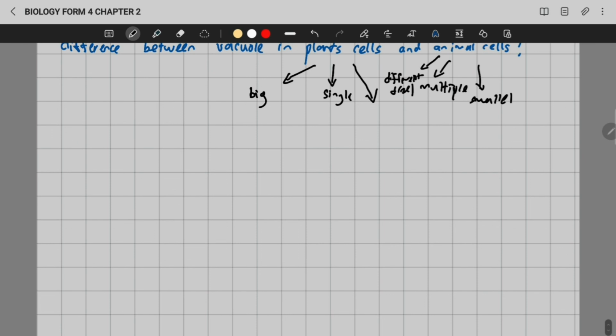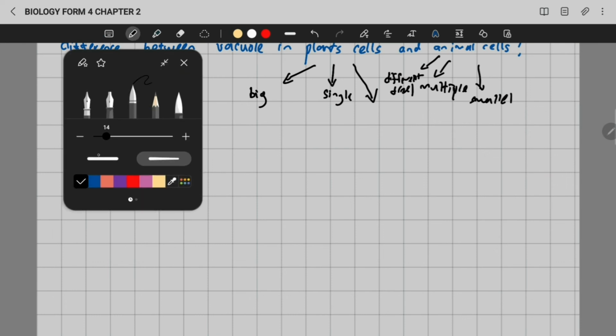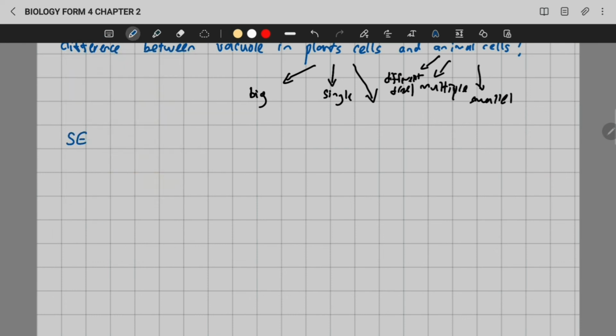And what is the difference between the smooth endoplasmic reticulum versus the rough endoplasmic reticulum? And you can also give the answer in the difference of their function.